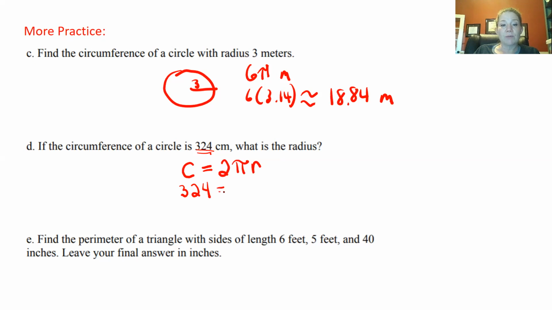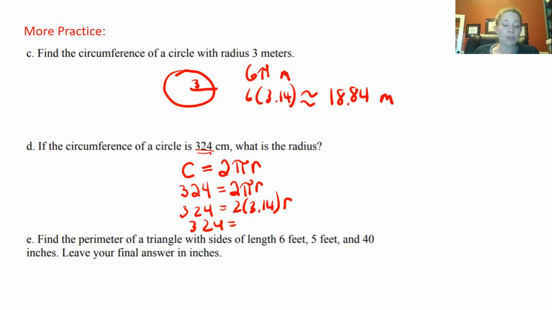We want to know what is the radius, right? Well, I want to solve for r, so I need to get rid of times 2 pi. Well, I'm going to assume that we're going to use 3.14 for pi.